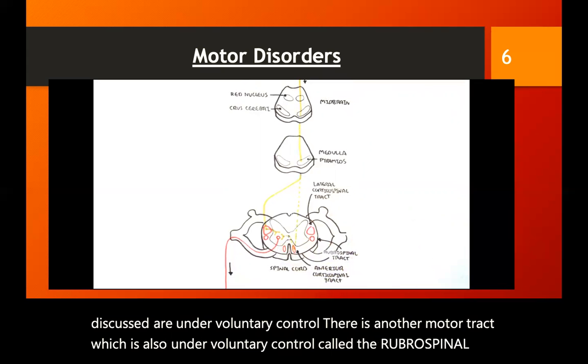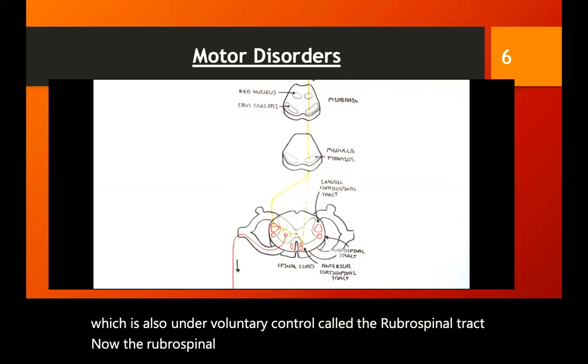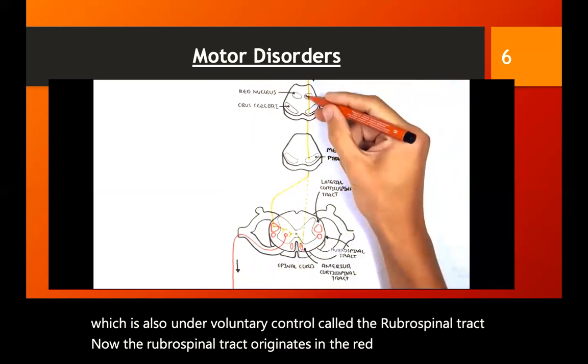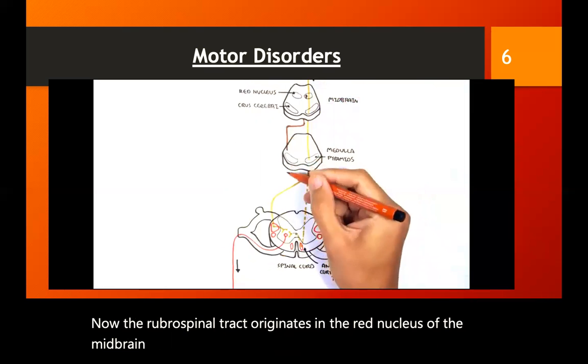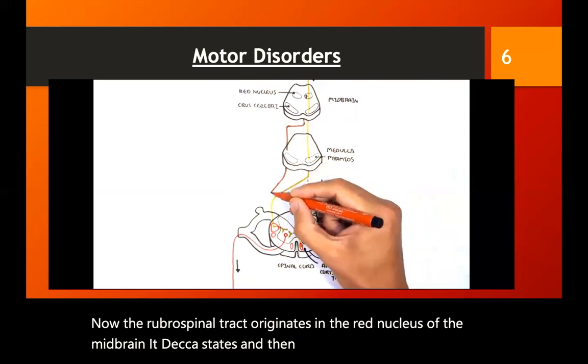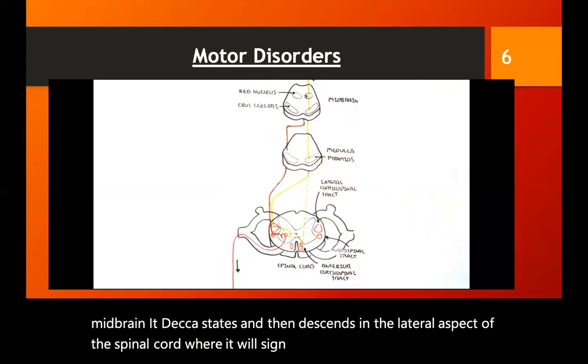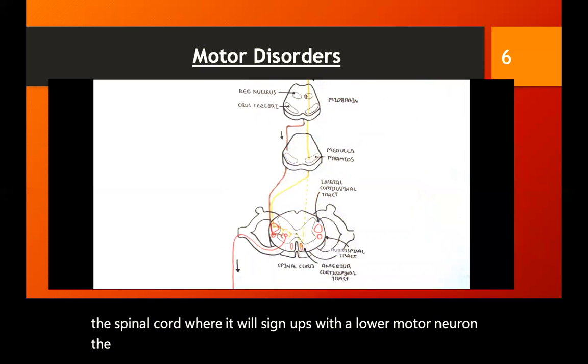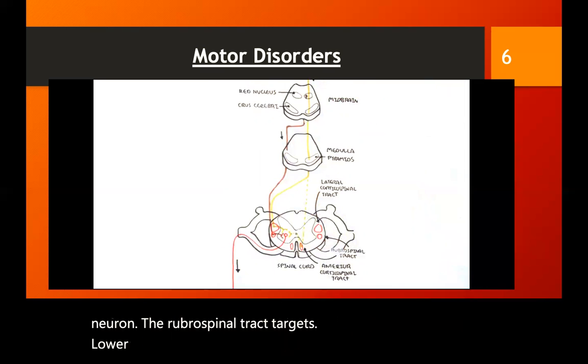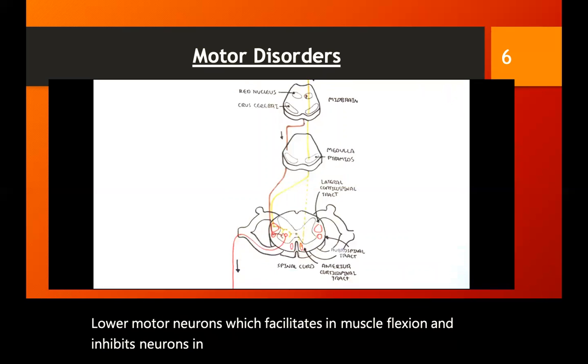Now, the rubrospinal tract originates in the red nucleus of the midbrain. It decussates and then descends in the lateral aspect of the spinal cord, where it will synapse with a lower motor neuron. The rubrospinal tract targets lower motor neurons, which facilitates in muscle flexion and inhibits neurons in muscle extension.